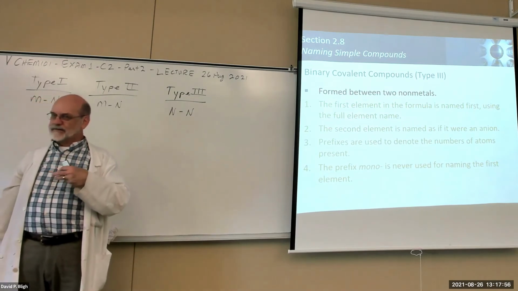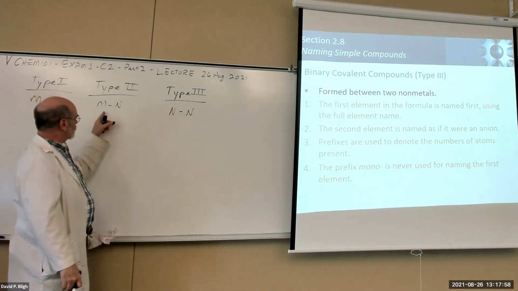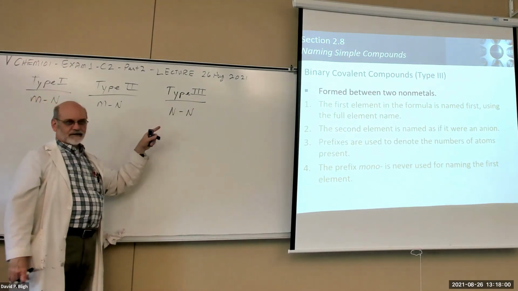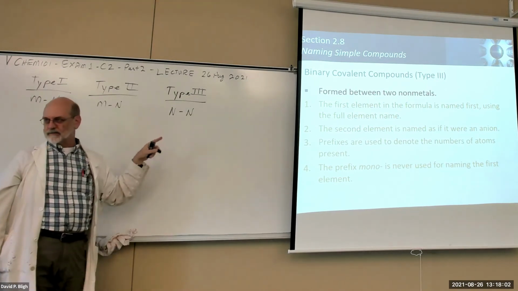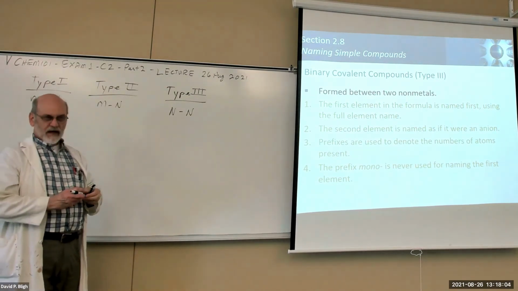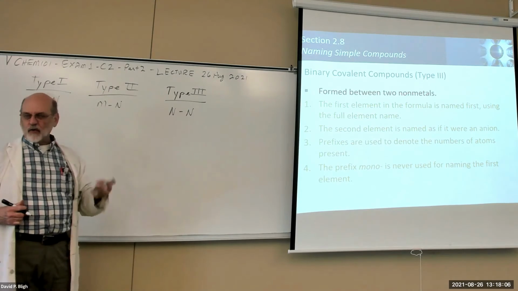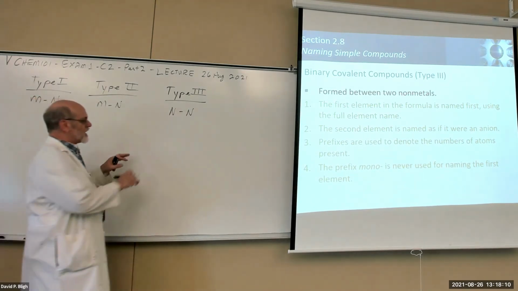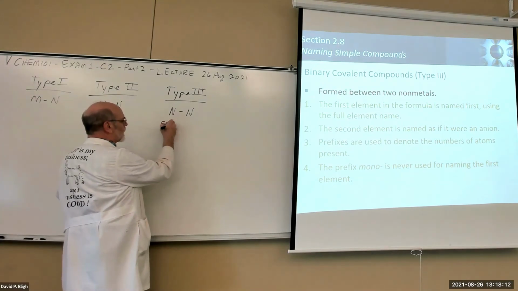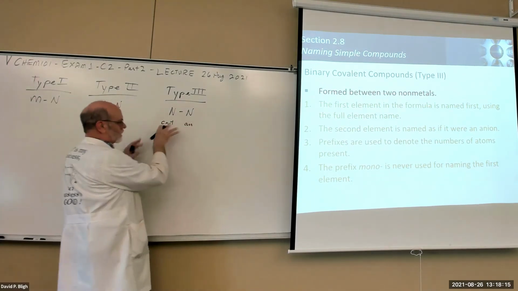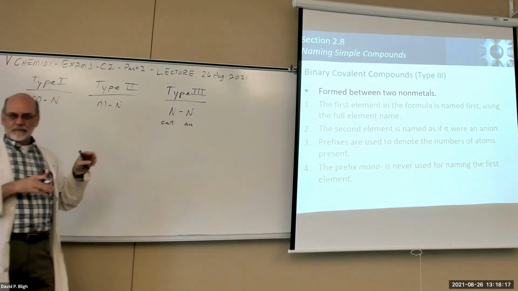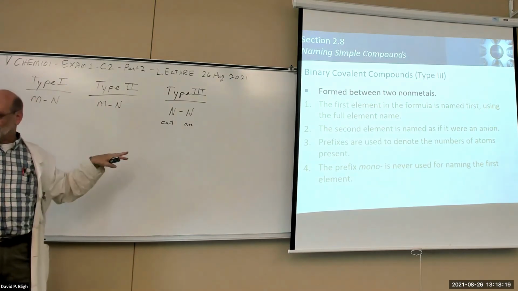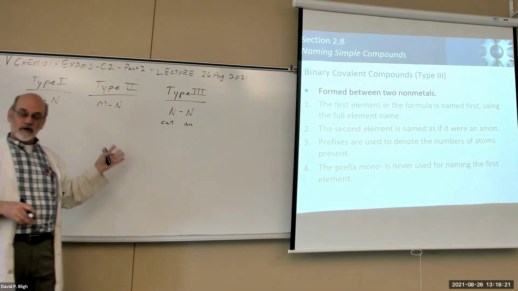So we kind of have to fudge a little bit from here to here because we can't use ions anymore. But we do try to put them in the same order. In other words, we put them in the same order as if this were a cation and this were an anion. But they're not really. So how do you know which one comes first?